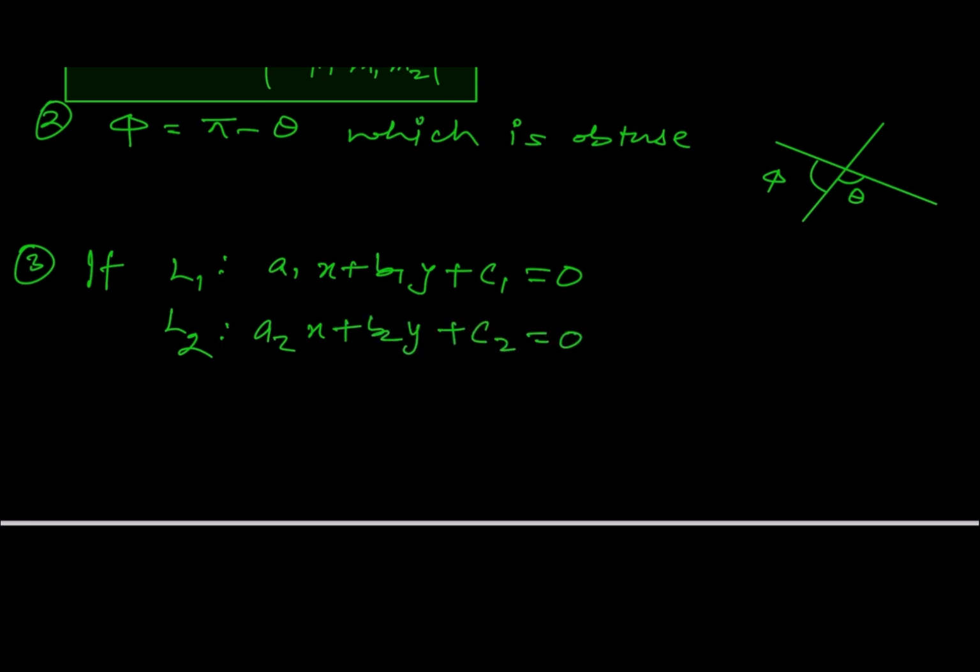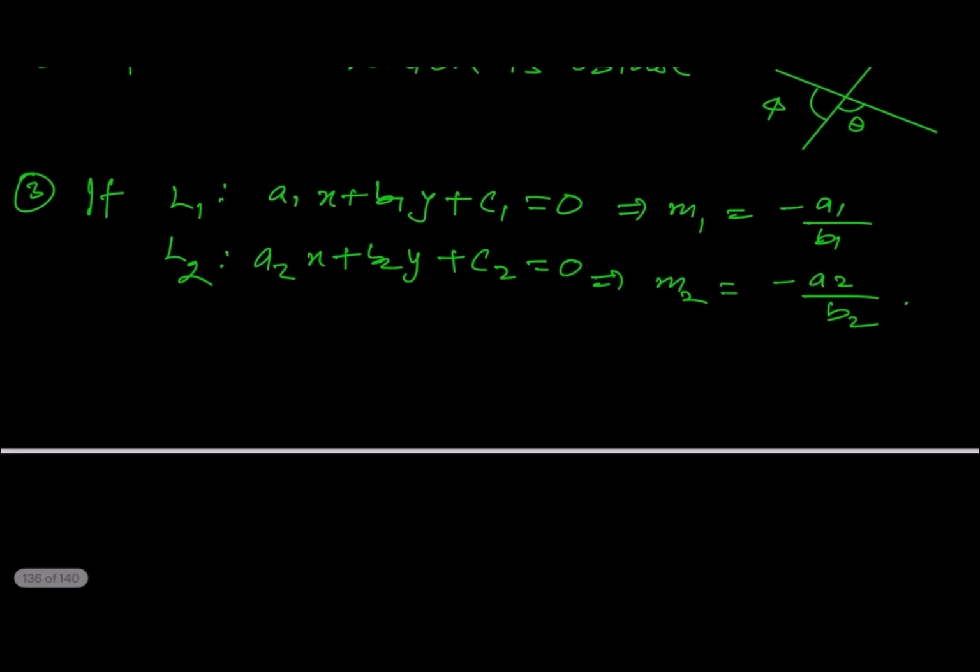Here lines are given in general form. So slope of line L1 is minus coefficient of x upon coefficient of y. So m1 is minus a1 upon b1 and m2 is minus a2 upon b2.